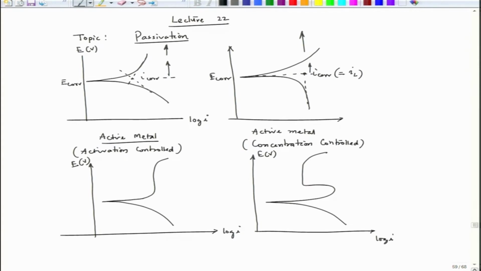Now, there is one more pattern which we will discuss later, but I am just drawing it for your understanding and for your reference. One more pattern could be like this. So, these are the kinds of patterns you will experience when you change potential and then see the current response.